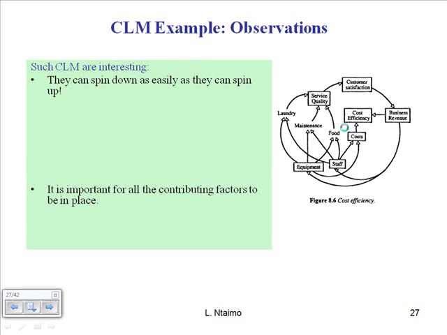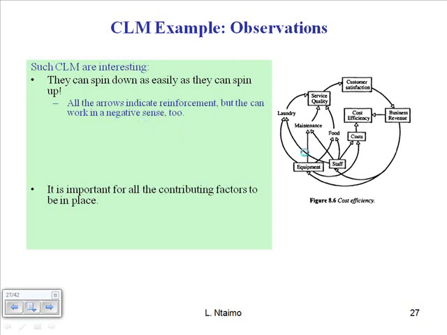But we should also make observations that we can go in the opposite direction, just as was mentioned a minute ago. If I look in the opposite direction, the causal loop model can actually spin down as easily as it spins up. For example, in this case, all the arrows indicate reinforcement, but they can also work in a negative sense as well, if you go backward.